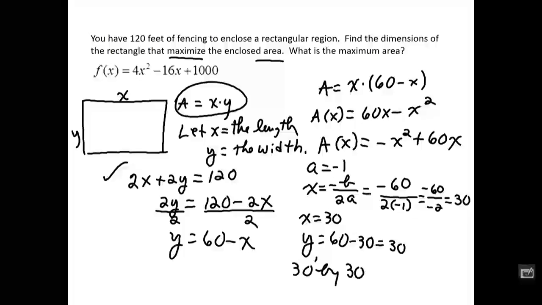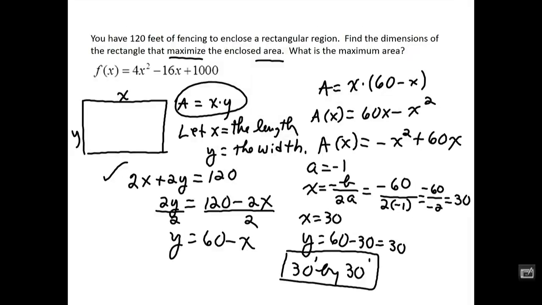Now, with these dimensions, we can easily compute the area of the rectangle. So the area is A equals x times y, so this is going to be 30 times 30. So we get a maximum area of 900 square feet.